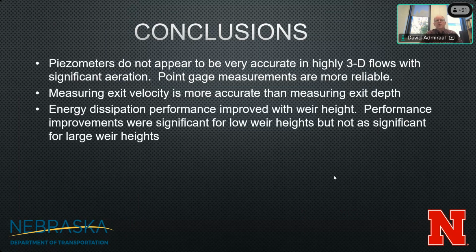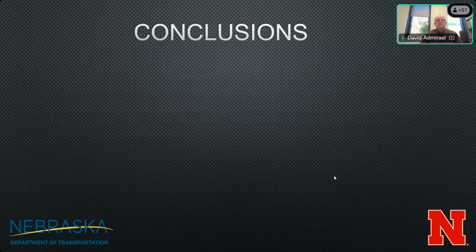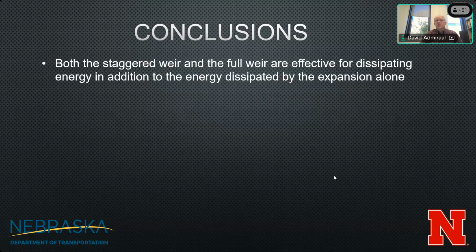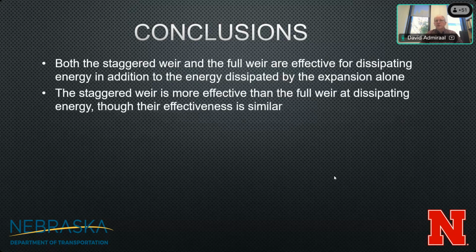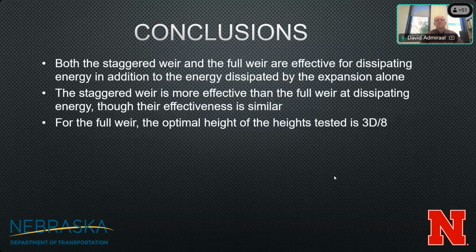Energy dissipation performance improved with weir height, and the performance improvements were significant for low weir heights, but they weren't as significant for the large weir heights. Both the staggered weir and the full weir were effective for dissipating energy, in addition to the energy dissipated by the expansion alone. But the staggered weir was more effective than the full-length weir, especially when we started talking about the higher depths, even though their effectiveness is similar.